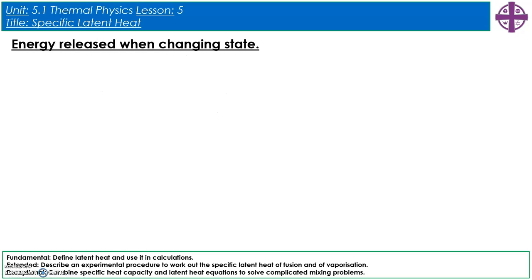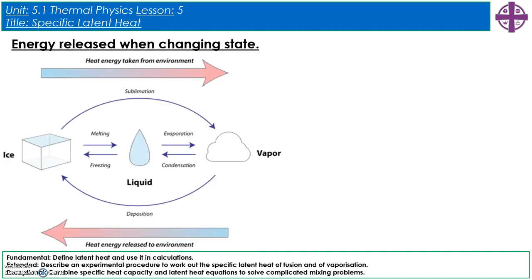Now, so far I've spoken about energy being put into a substance to make it change state. So we're talking about putting energy into ice to make it melt, or putting energy into water to make it evaporate. But actually, if we go from liquid to solid, we release energy.